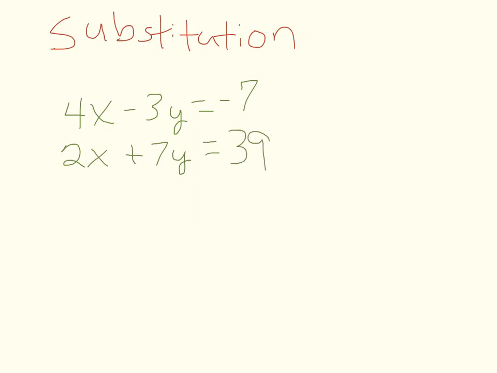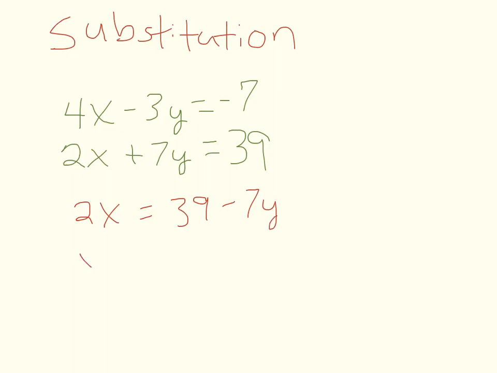Okay? So for substitution, we're solving for a particular variable. And it doesn't really matter which one you solve for. However, in this case, I want to solve for x using the second equation. So if you took this second equation and simplified it in terms of x, you'd have 2x is 39 minus 7y.